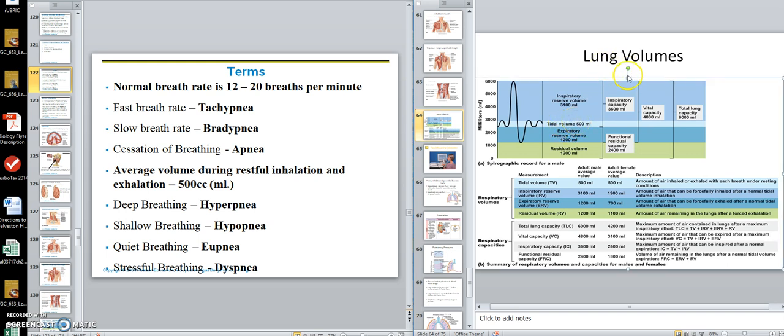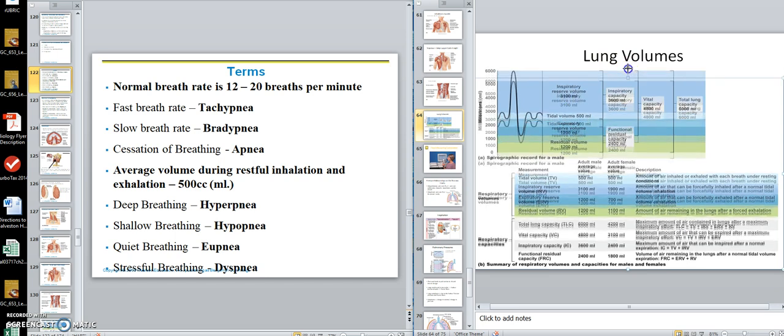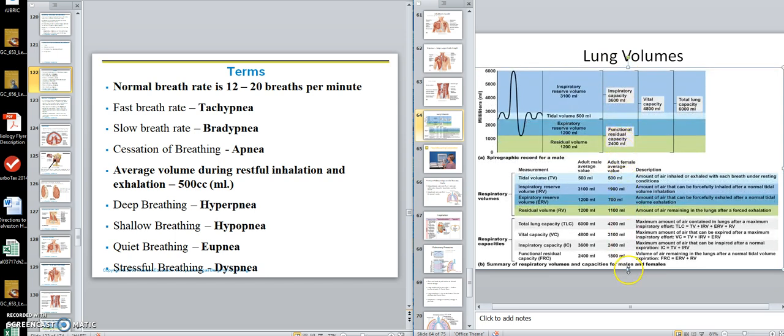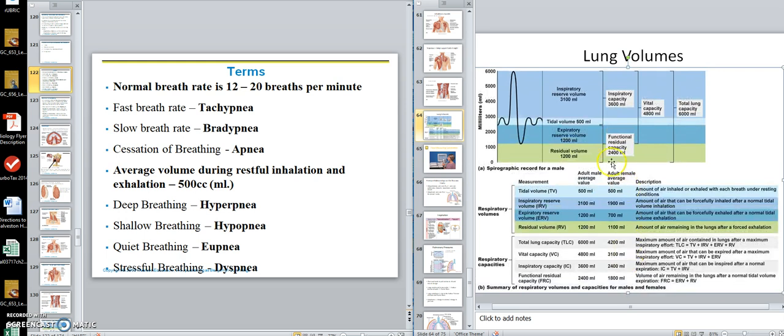In this standard human, that's about 500 cc's of air, 500 milliliters. That's what you're usually doing.